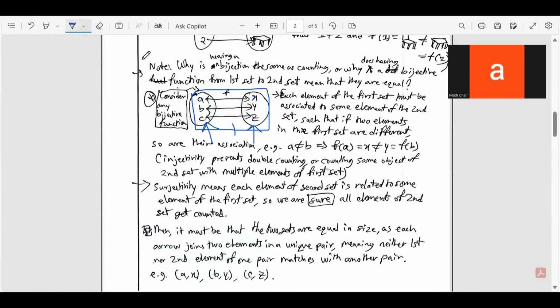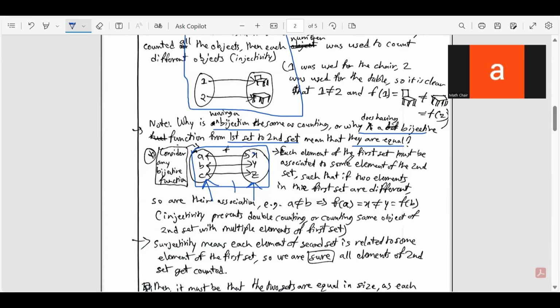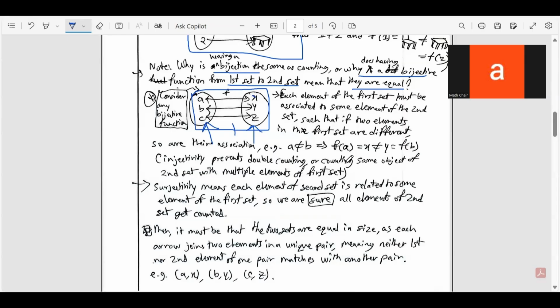And furthermore, interestingly, if I had a bijective function between two sets, a first set and a second set, it is as if these two sets are precisely equal. Why is that? Because in the same manner that counting behaves like a bijective function, any bijective function behaves in the same way as counting.